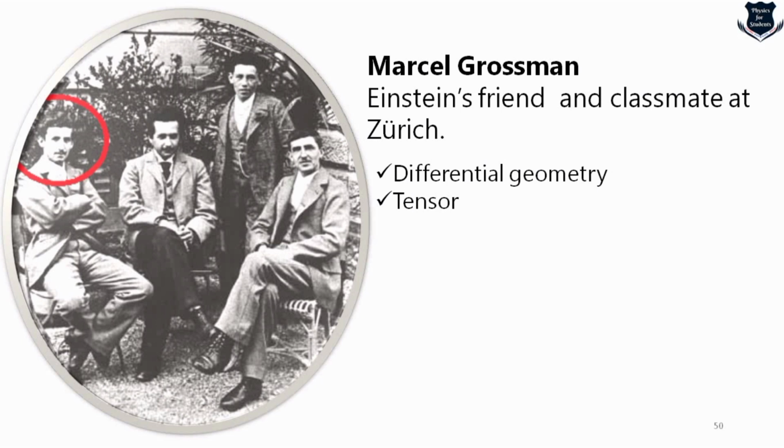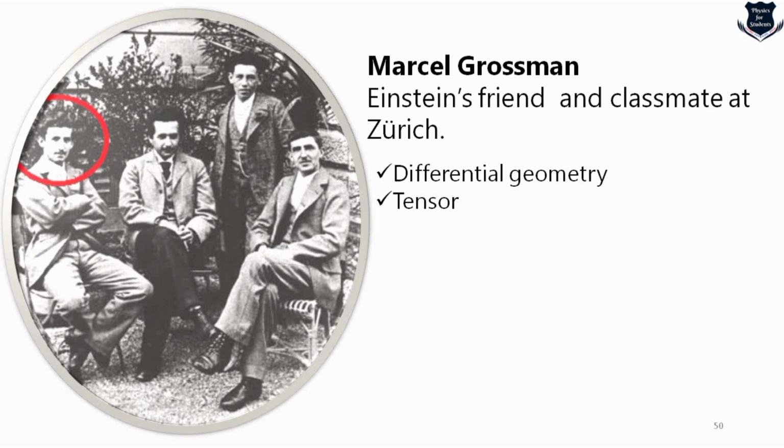It was Marcel Grossman, and there are a lot of examples. I have shown this in my video, The Architects of General Relativity, where you can see that Marcel Grossman actually mentored and taught Albert Einstein, saying, come on, my dear friend, this is differential geometry, this is a tensor, and you must use tensors in order to use the framework of general relativity.